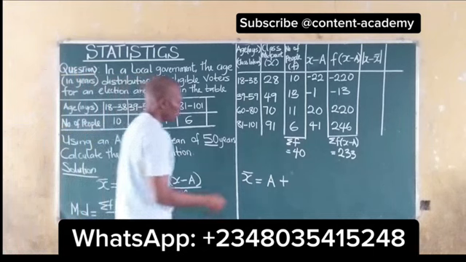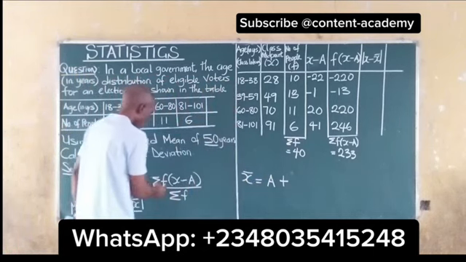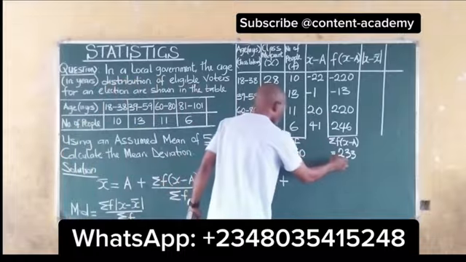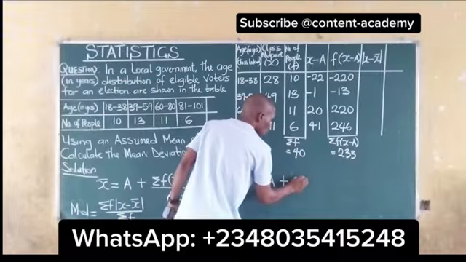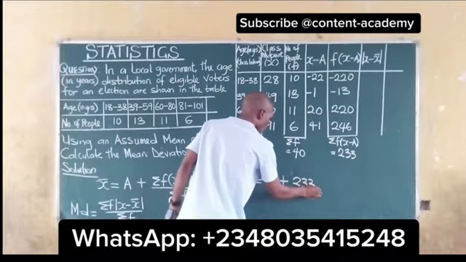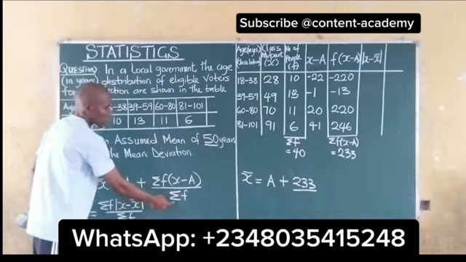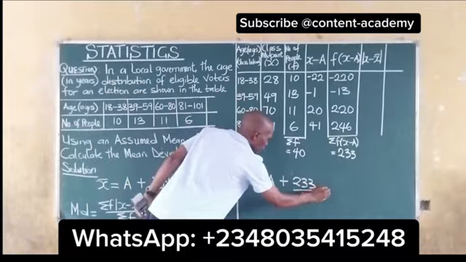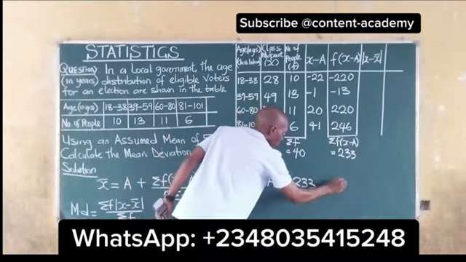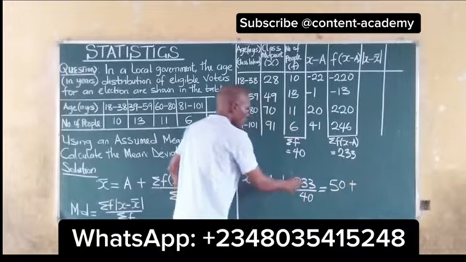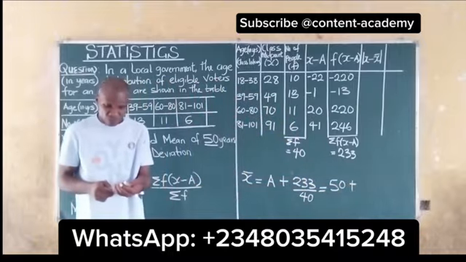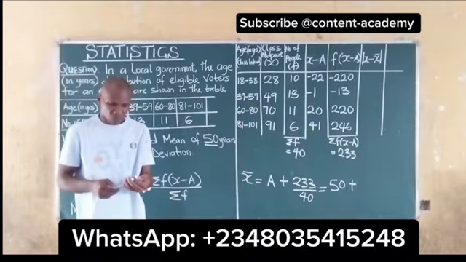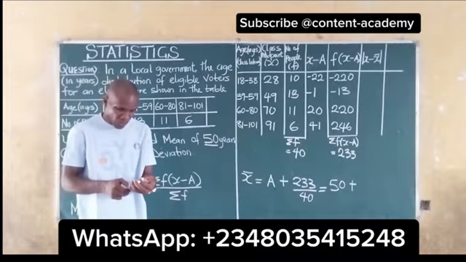So we have summation of f multiplied by x minus a, and we have it to be 233. So we have 233 all over summation of f, which is 40. Sorry, 233 divided by 40.